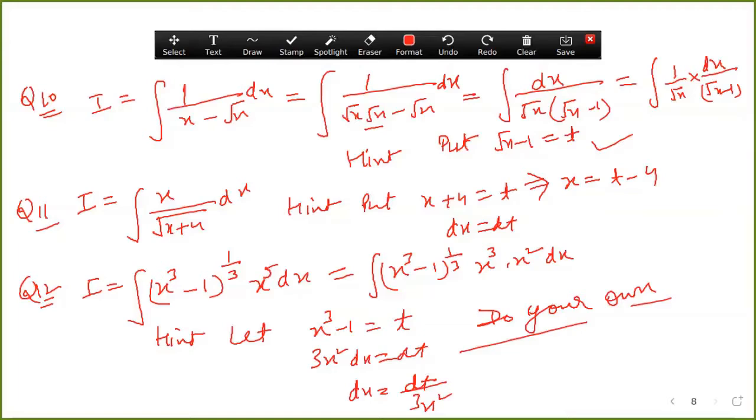Okay. Now let's do question number 13. Integrate the function that is x square upon 2 plus 3x cube whole cube with respect to x.